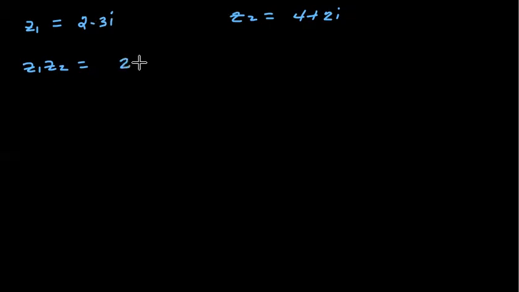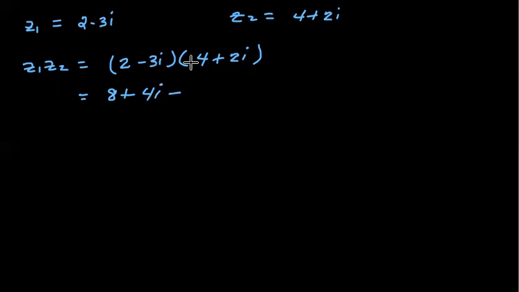So this is 2 minus 3i multiplied by 4 plus 2i. Gotta be careful here now. 2 times 4 is 8. Plus 2 times 2i is 4i.